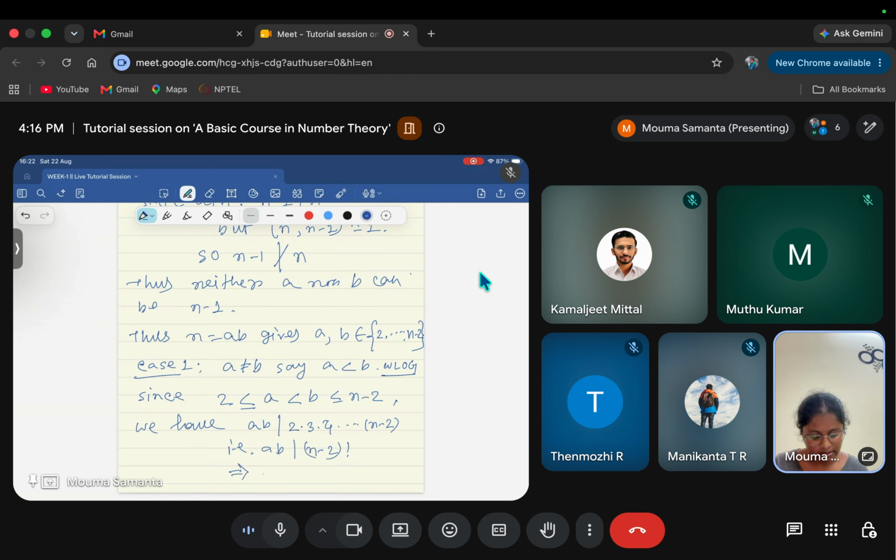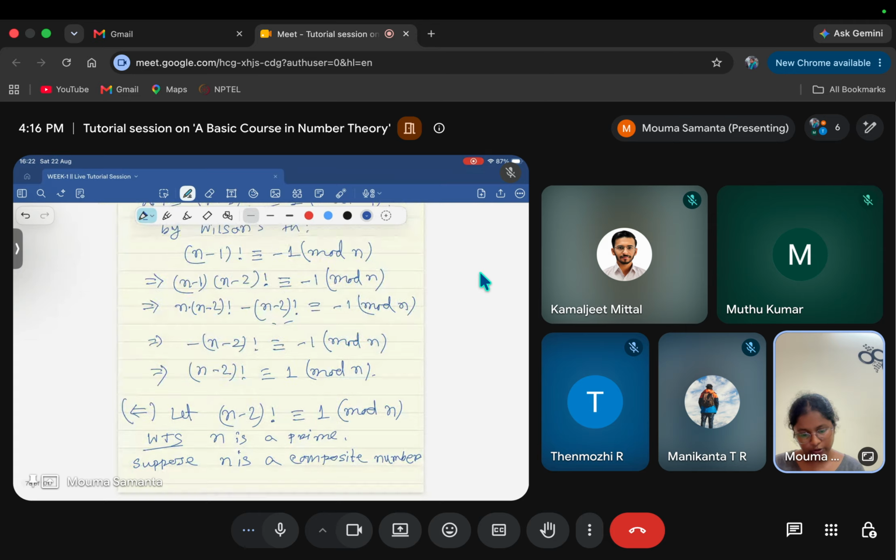That means, since n equals ab, n divides n minus 2 factorial. So from here, can you see any contradiction to the hypothesis? That means any contradiction to this fact?